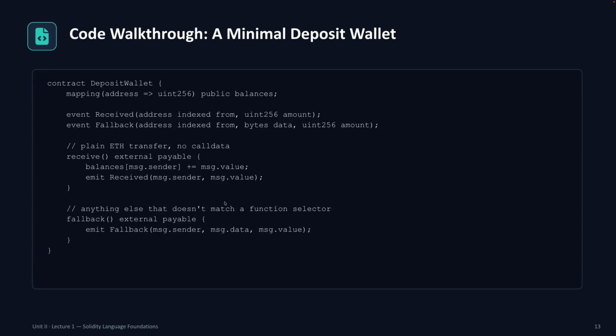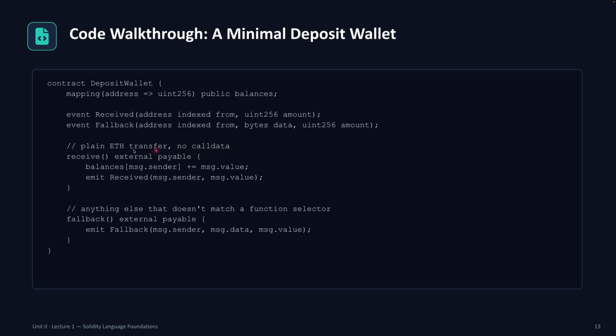Here we have a minimal deposit wallet. It has one state variable, balances, and two events, received and fallback. We have defined a receive function with external visibility and payable modifier. It is used for plain ETH transfers, no call data.